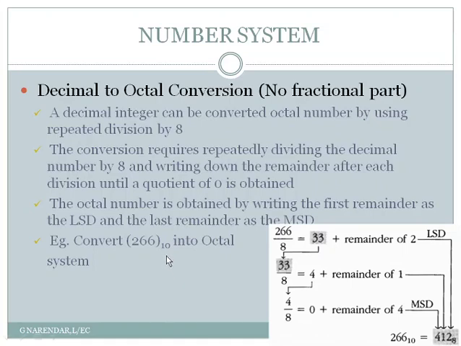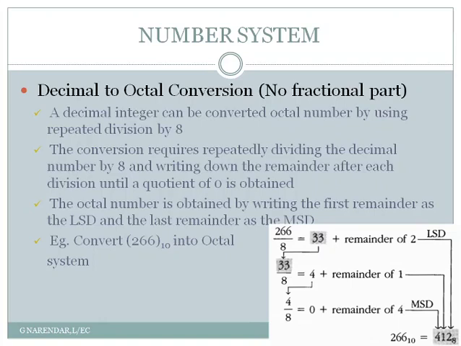Right? So very simple. Whenever you want to convert a decimal number to octal, take the decimal number and repeatedly divide it by 8. And for each division, we collect the remainder. And this division should continue until we get a quotient of 0.